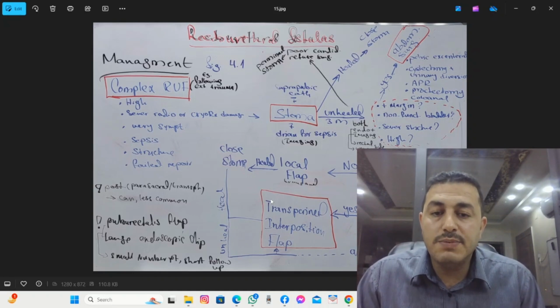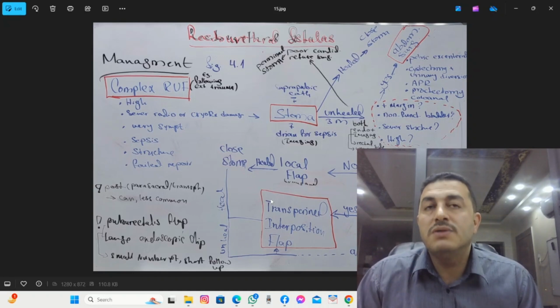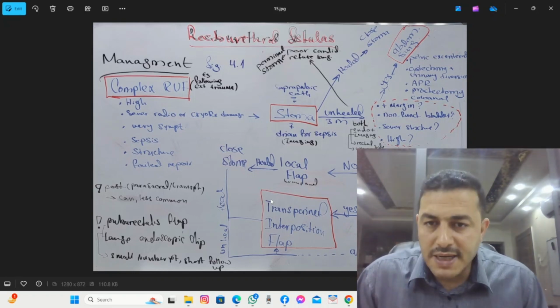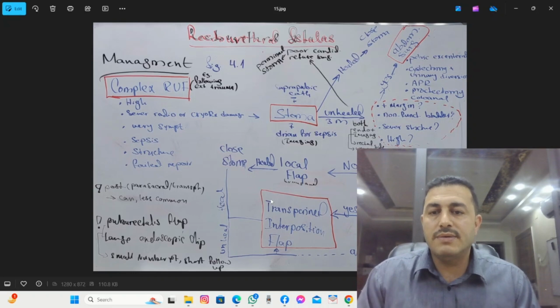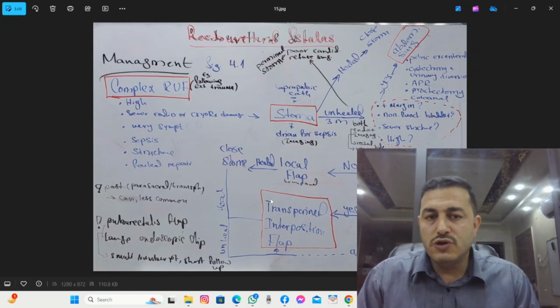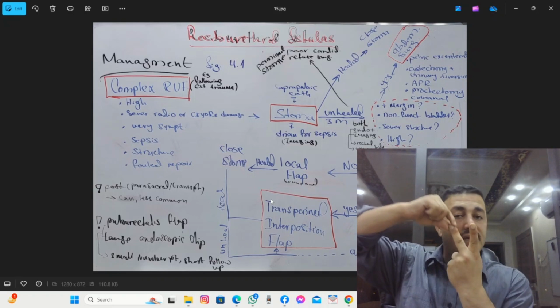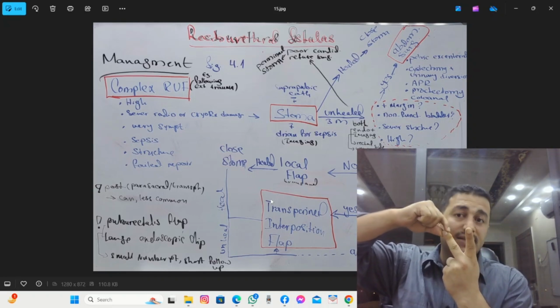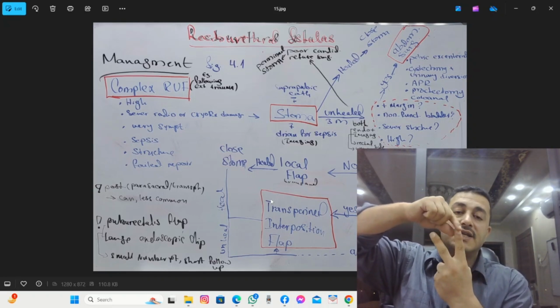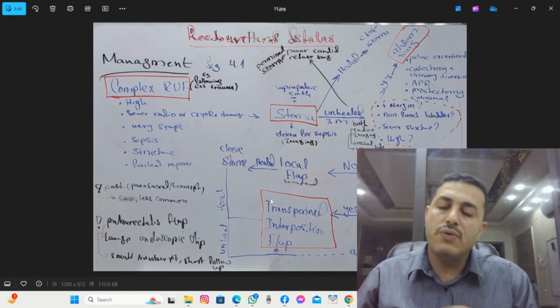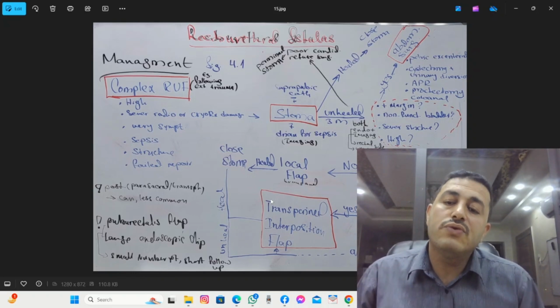If the transperineal approach fails, what we have in our hands, more than abdominal surgery and more radical treatment, are other approaches. What you have to remember: the transanal approach is for simple fistula, and the transperineal approach is for complex fistula, and we will talk about them separately in the next few minutes.